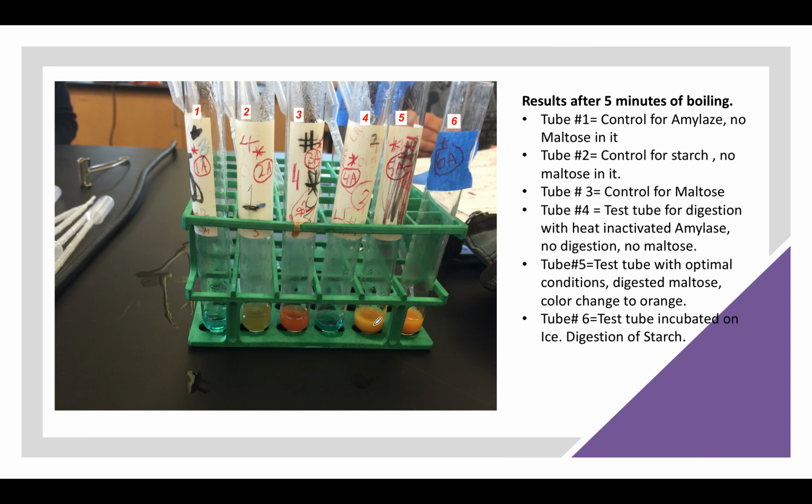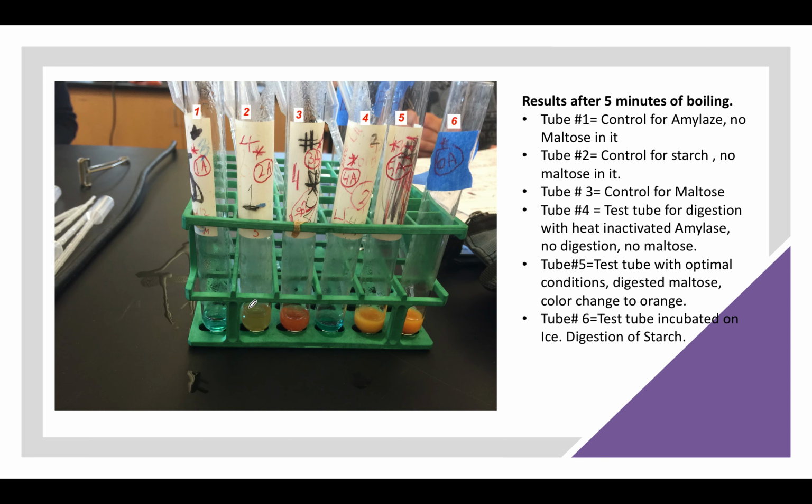Sometimes there is partial digestion in experiments. Sometimes we do have contamination from using, probably some students here, they used the same pipetter that had maltose in it to put here the amylase or the Benedict solution.